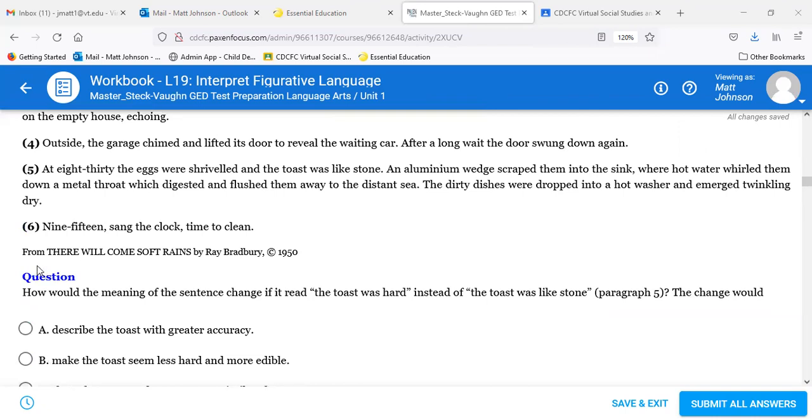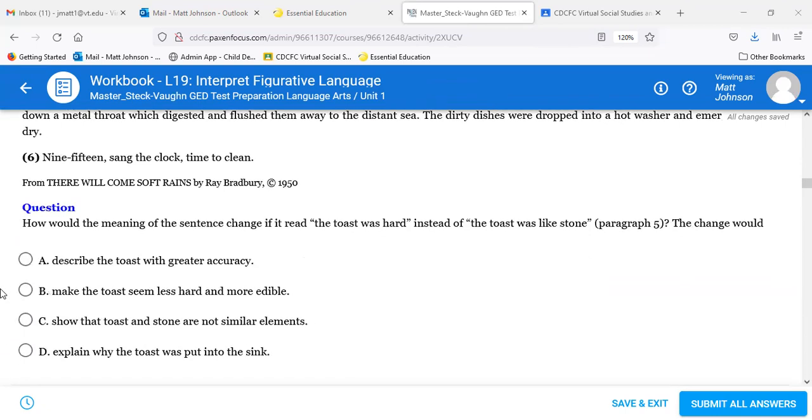So, Tracy, you want to read question 4 for us? Yes. How would the meaning of the sentence change if it read, the stove was hot, instead of the toast was like stone?